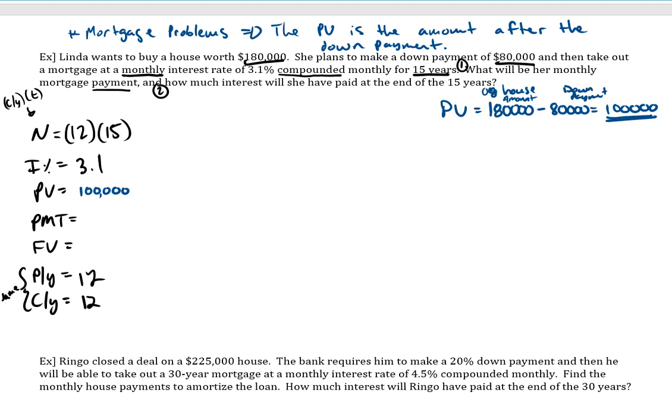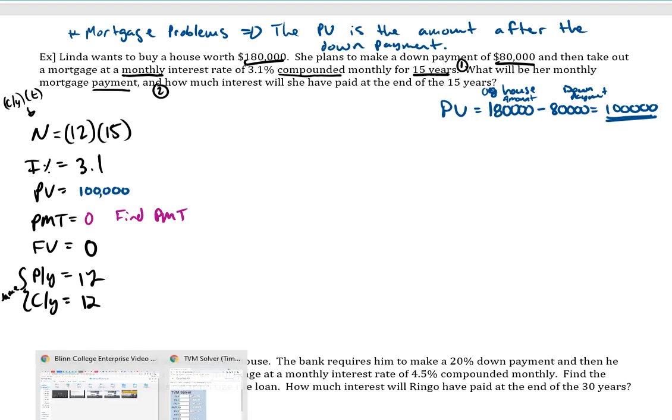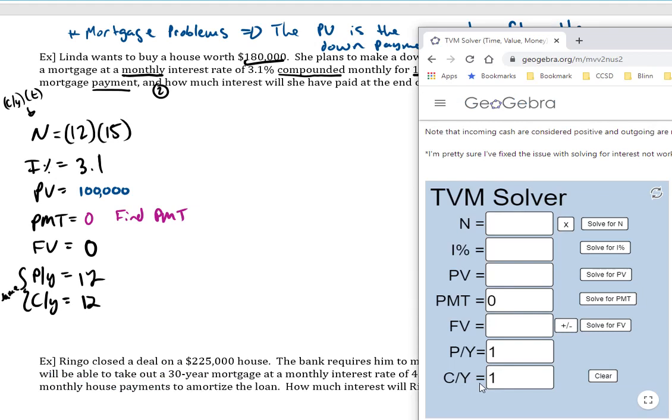Okay, so we want the payment, so we're trying to find that. And we just put 0 in as a placeholder. And then the future value should be 0. So the goal is to pay off the house, so 0 eventually should be the loan. And they might say amortize the loan in the second one, but this is to pay off the entire loan. Okay, so we do have everything we need for the calculator, at least for this first step.